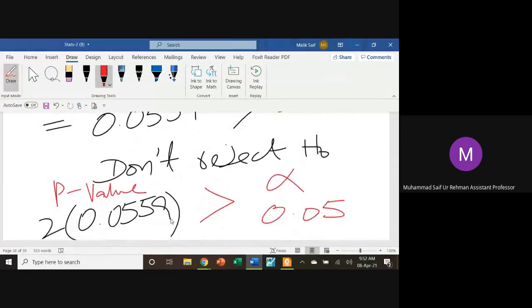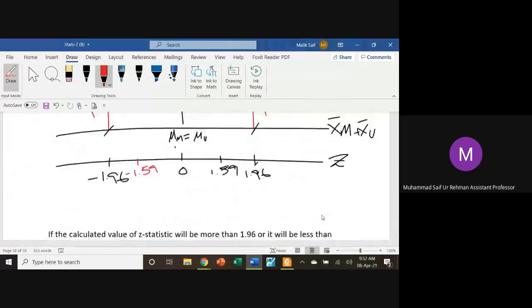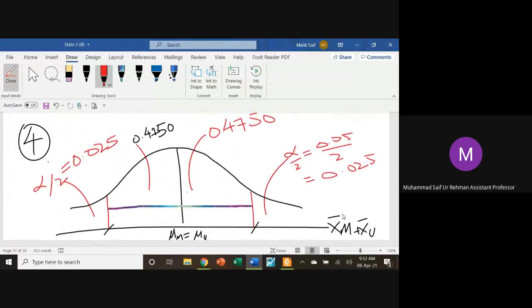And you may also consider this value, 0.0559. Let's say this is 0.025, the area from positive infinity up to this point is 0.025. And let's say up to this point it is 0.0559.